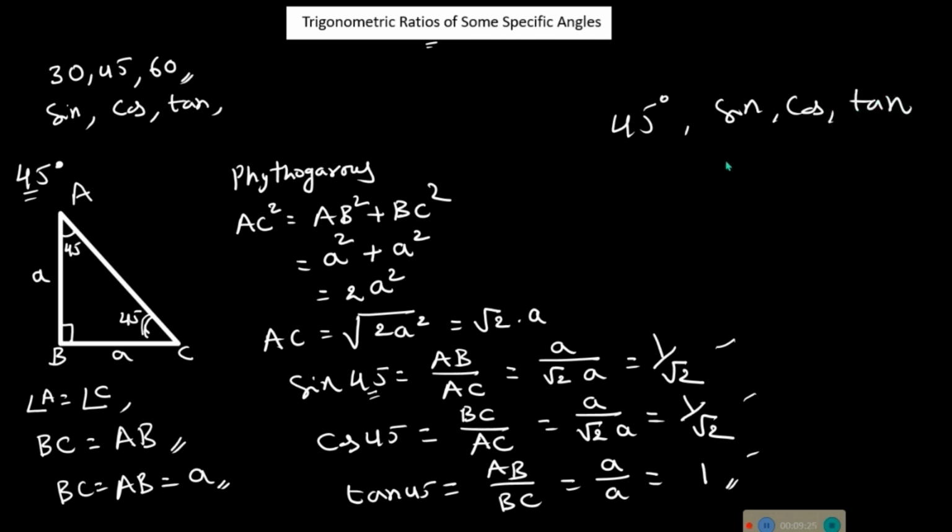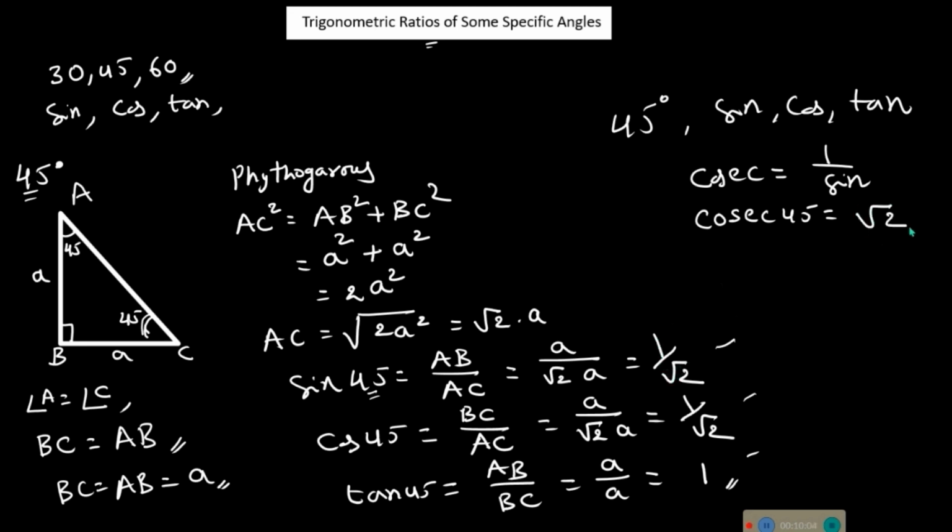How do you get cosecant, secant and cot? Cosecant is the reciprocal of sine, right? So if you are going for cosecant, it is 1 by sine. So cosecant 45 becomes 1 by sine 45. What is 1 by sine 45?